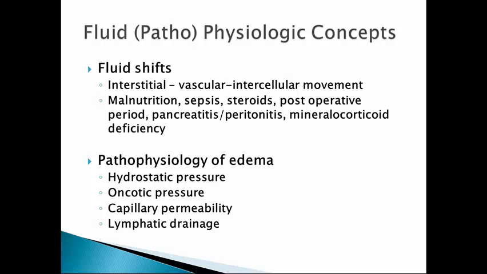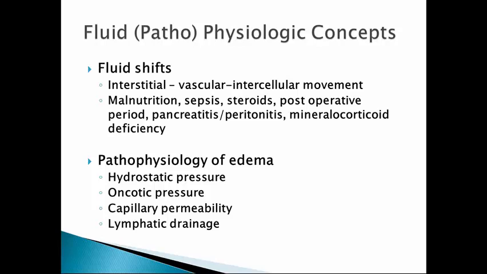But let's look at some pathophysiologic states that can affect the movement of fluid, and for a variety of reasons. Sometimes those are things we've already talked about, but not completely. So let's look at malnutrition. With malnutrition, and shout at the screen as we go through this, what happens to our serum proteins, our serum albumin? Correct. It's decreased.